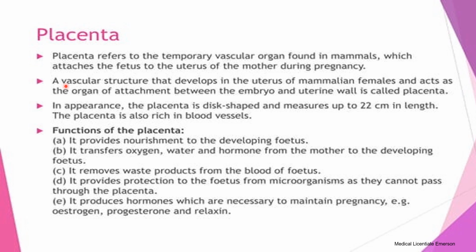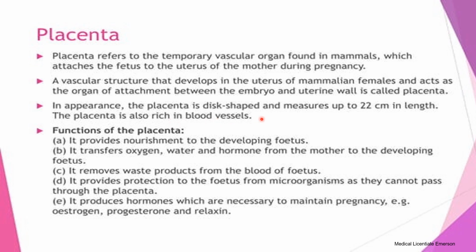This is a vesicular structure that develops in the uterus of mammalian females and acts as the organ of attachment between the embryo and the uterine wall, which is called, of course, the placenta. In appearance, the placenta is disc-shaped and measures up to 22 centimeters in length. The placenta is also rich in blood vessels.